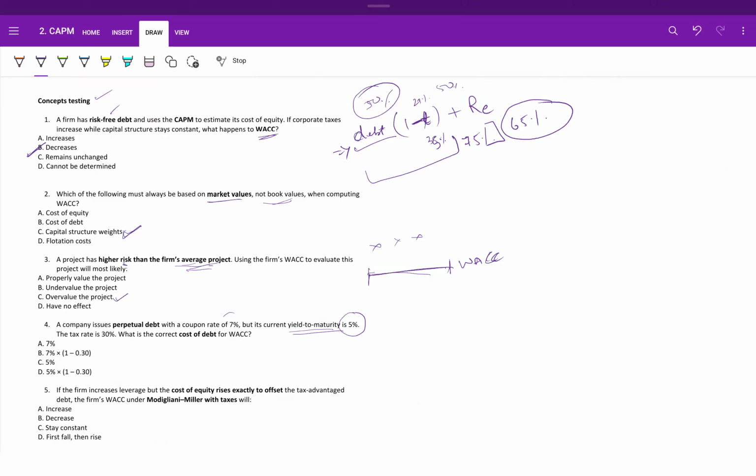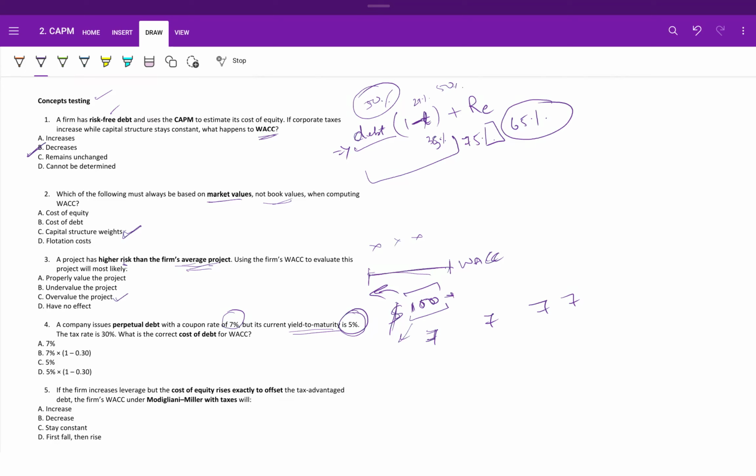Coupon rate means, let's assume a perpetual debt or $100 bond is issued by the company. Coupon rate means every quarter you will be receiving a 7% coupon. Yield to maturity means, for this $100 bond, whether it was issued to you at premium or at discount, this is the face value.